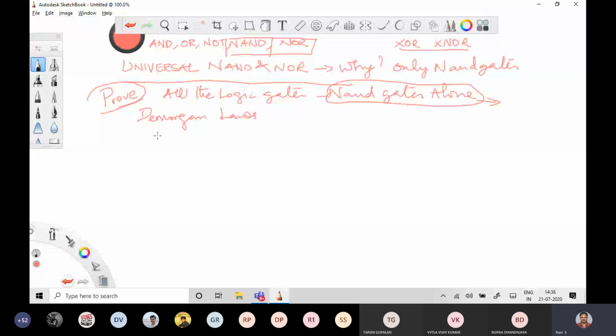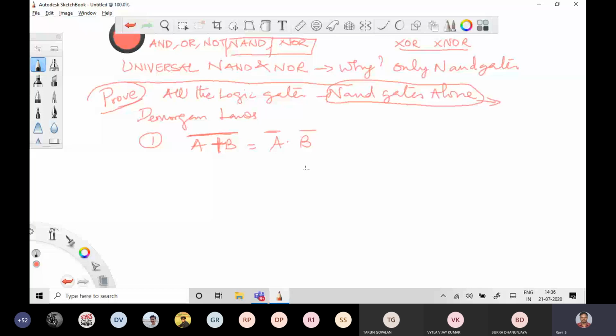The first law says, A plus B the whole bar is equal to A bar dot B bar. It says the complement of the sum of two or more variables is equal to the product of the complements of the individual variables.